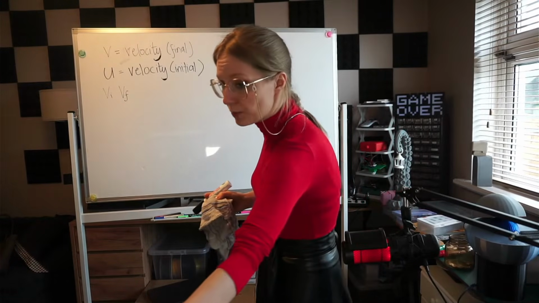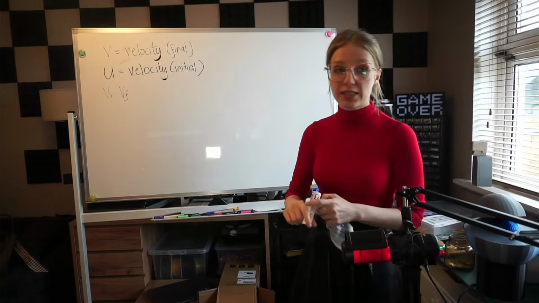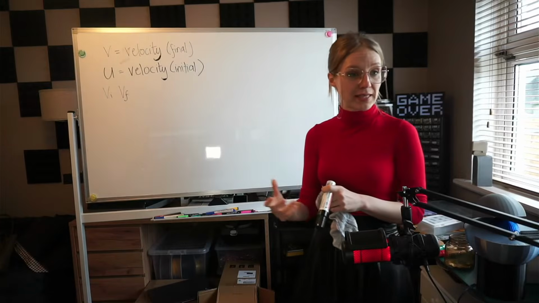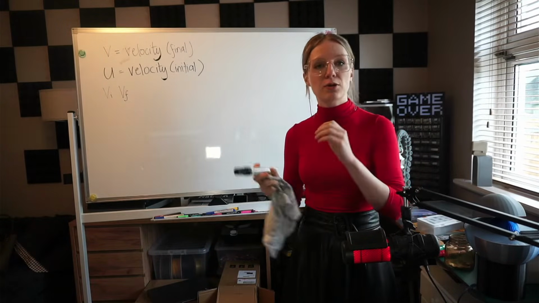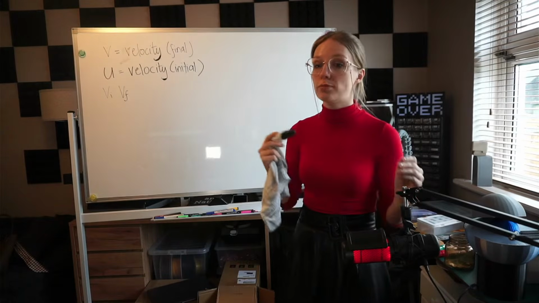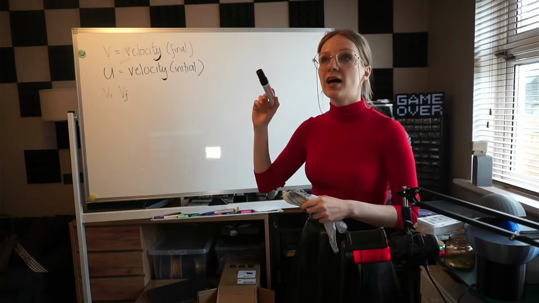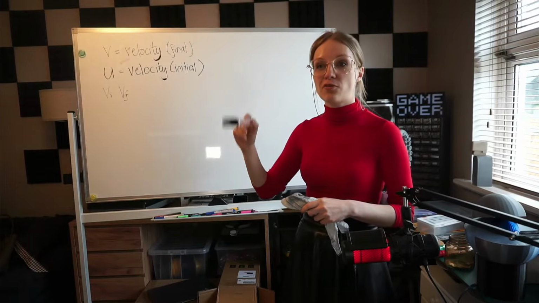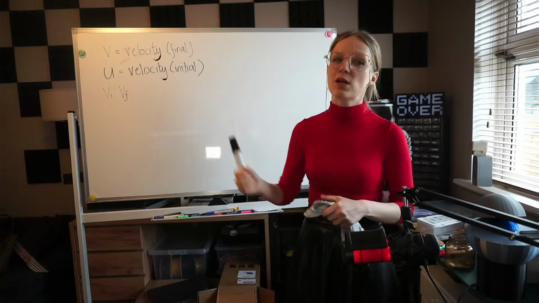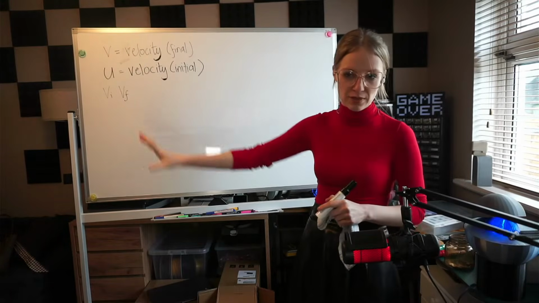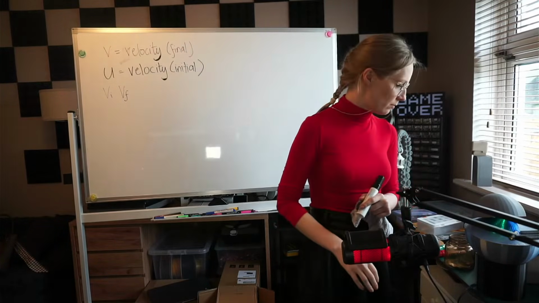I don't think the subscript is nicer because when you start dealing with a little bit more forces, momentum, all of that, you're going to have a lot of subscripts because you're going to have objects, object 1, object 2. And so you'll have the velocity of object 1 initial, the velocity of object 2 final. You're going to have a lot of subscripts. So just to remove them, I prefer to use V and U.